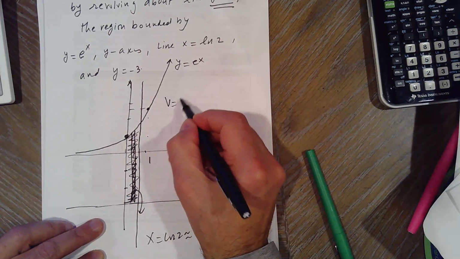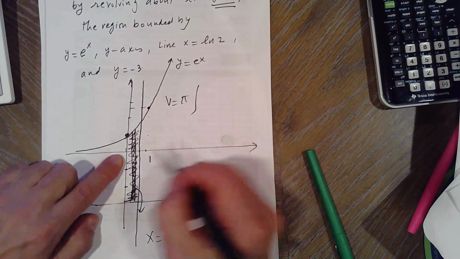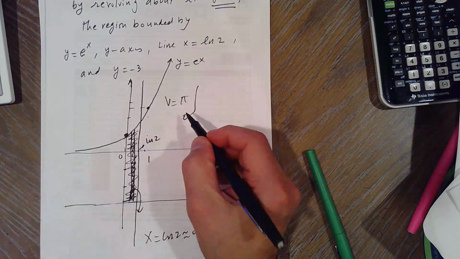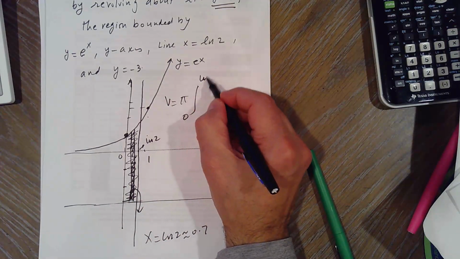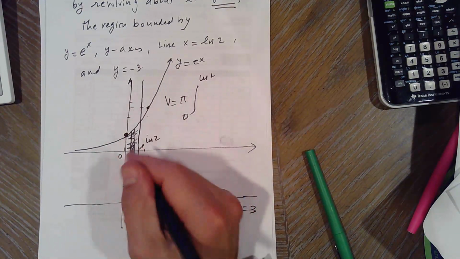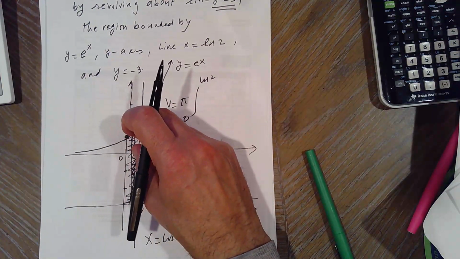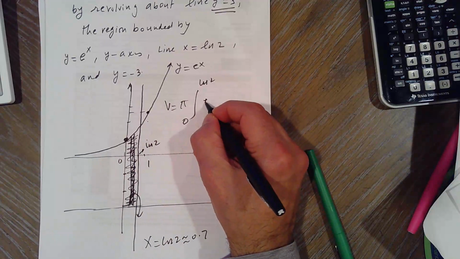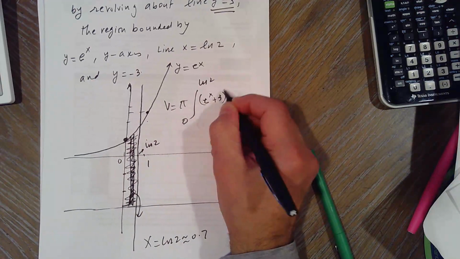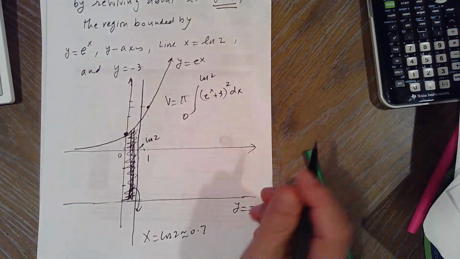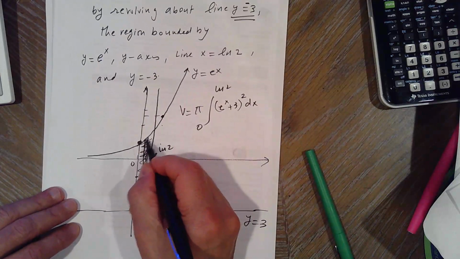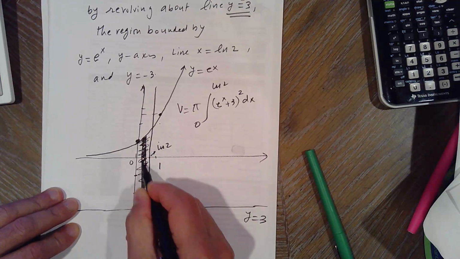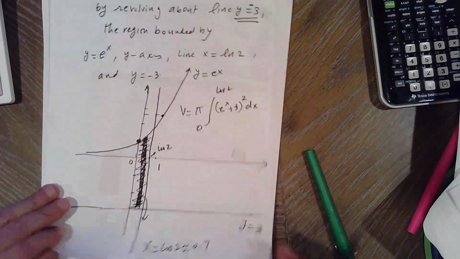So V is pi integral from x equals 0 to x equals ln of 2. This much is e to the x, and that's 3 units, so (e to the x plus 3) squared, that's the radius squared dx. Again, this part is e to the x, and this much is 3 units, so we're finding a distance, so you add them together.